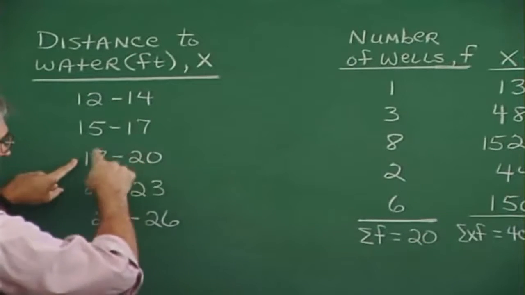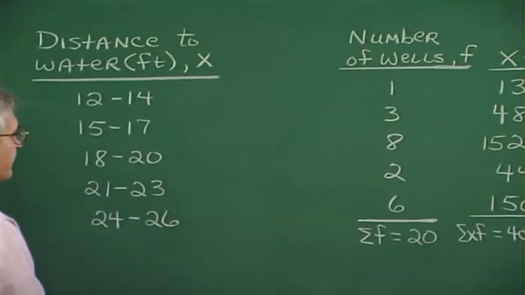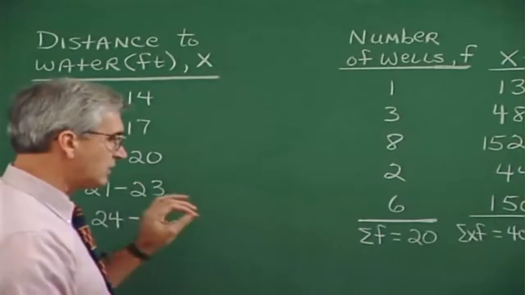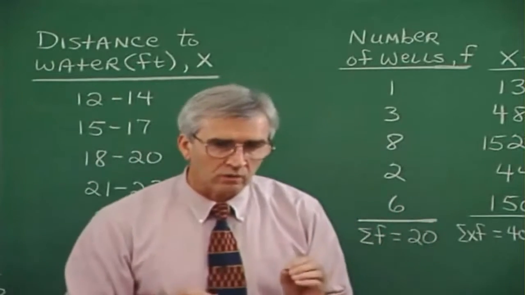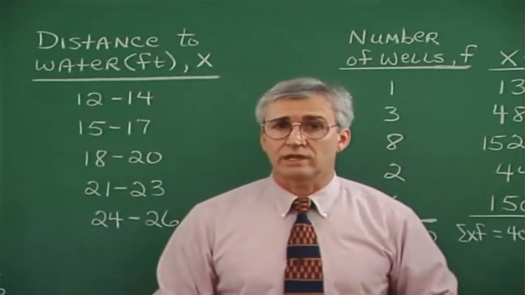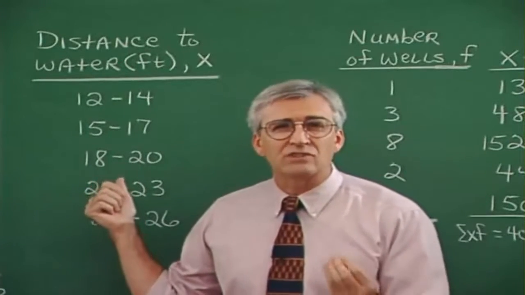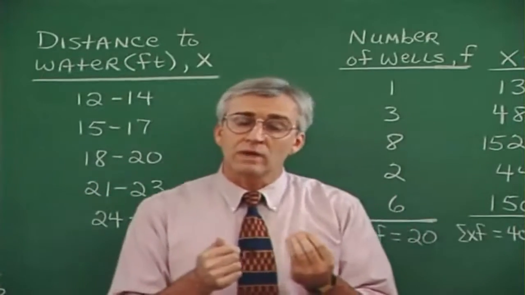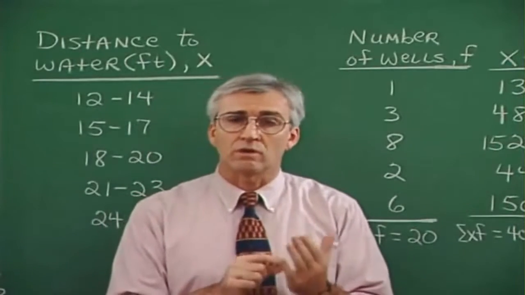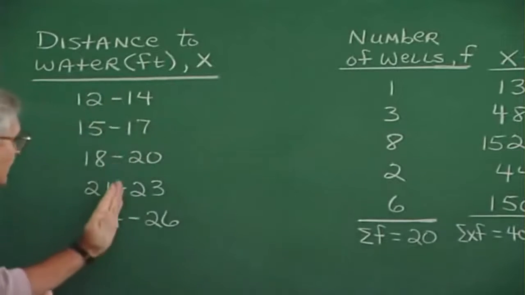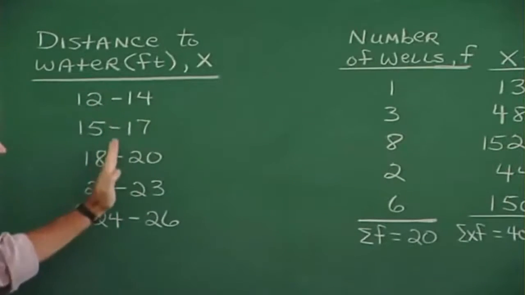But at any rate, all 8 of them fall into this category. Now, to accommodate the situation, all we do is we assume that we are only going to get approximations for the mean and the standard deviation. It's not exact because we have no exact information. But we can make a pretty good approximation for the mean and the standard deviation by taking the middle of each of these classes as our x values.